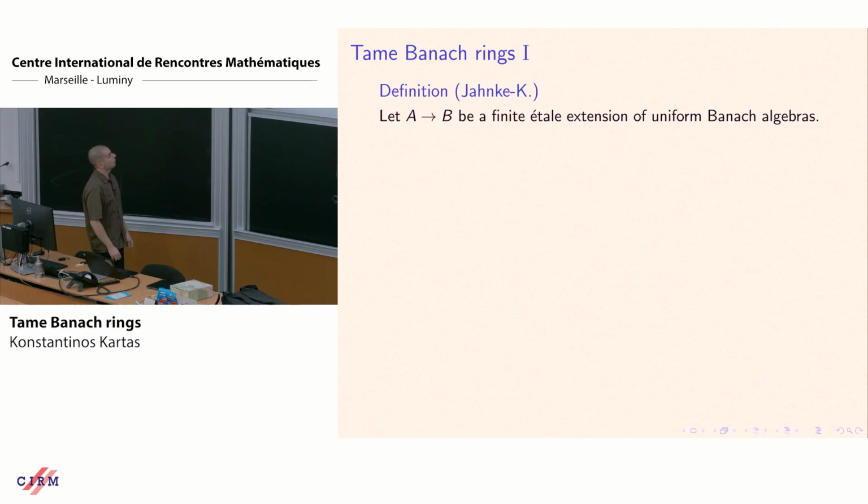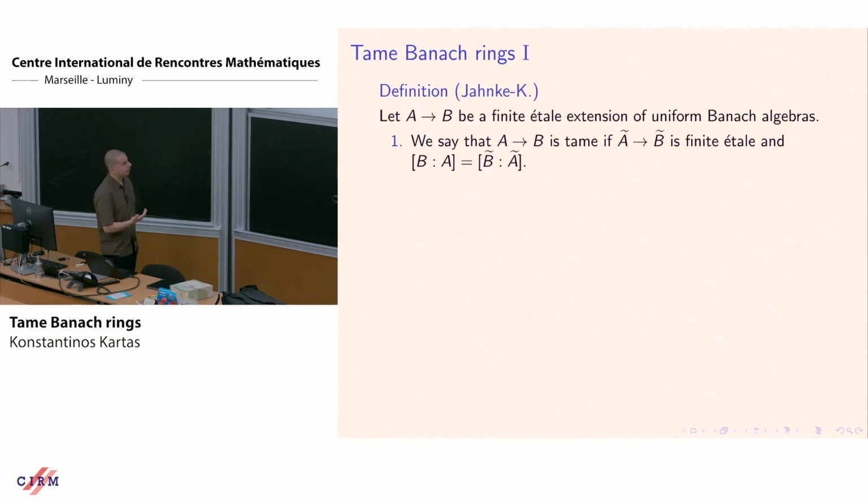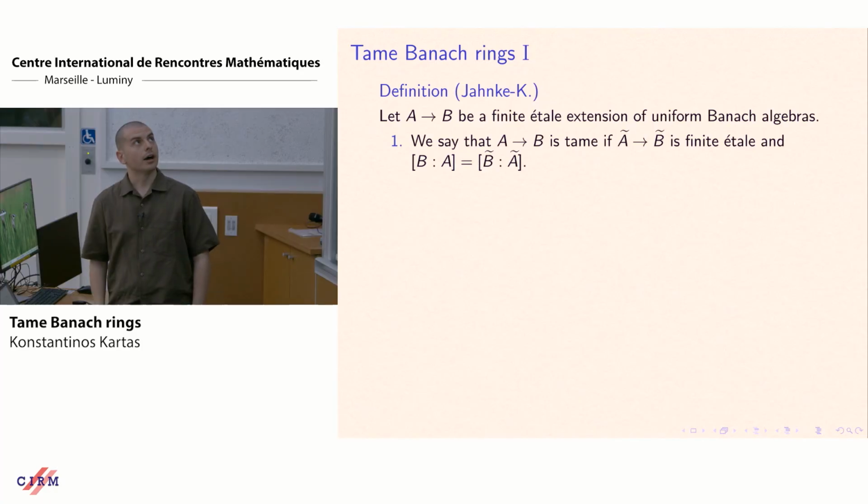So let A to B be a finite etale extension of uniform Banach algebras. Basically, we want to say when this is tame. It's going to be tame simply if it induces a finite etale extension at the level of graded residue rings, or graded reductions, and the ranks agree.